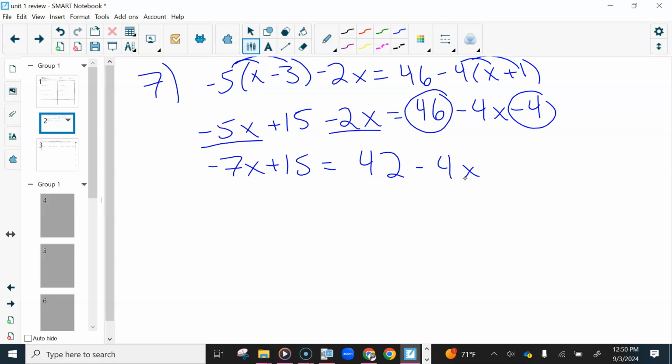Then you have a choice. You can do this next part in 2 separate steps, or you can do them in the same step. Let's say I wanted to get rid of 15 by subtracting it over here. At the same time, I could also get rid of the 4 by adding it over. So that this becomes negative 3x, and this becomes 27.